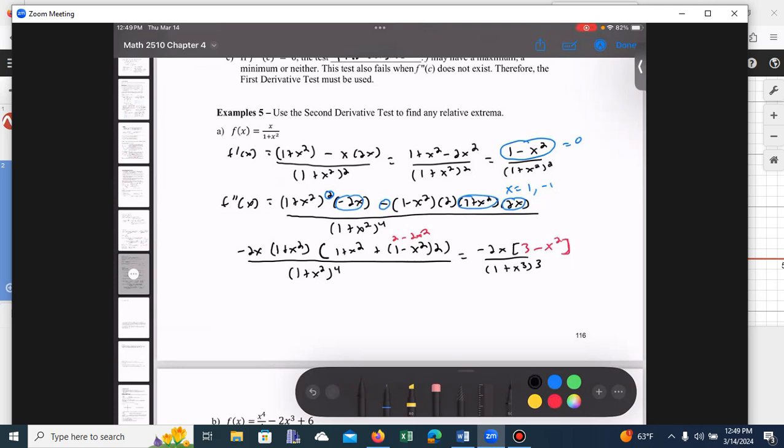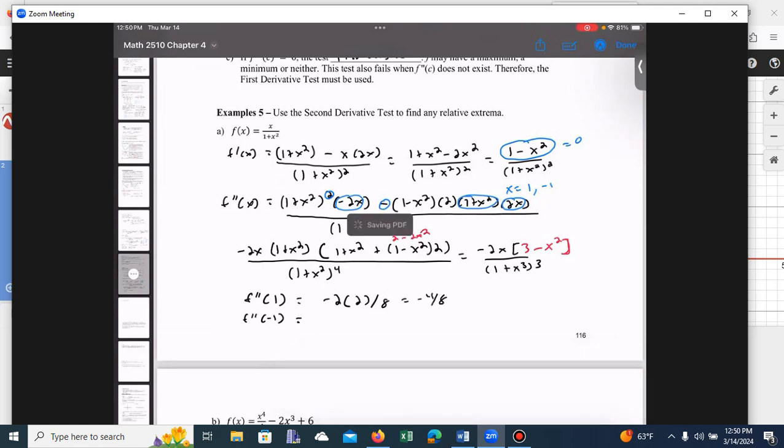Right. Now instead of saying this equals 0, all we're going to do is find what f double prime of 1 is and what f double prime of negative 1 is. Okay. So we'll do 1 first. We'll have negative 2 times 3 minus 1, which is 2, over when 1, you get 1 plus 1 is 2, you get 8. So negative 4 over 8, negative 1 half.